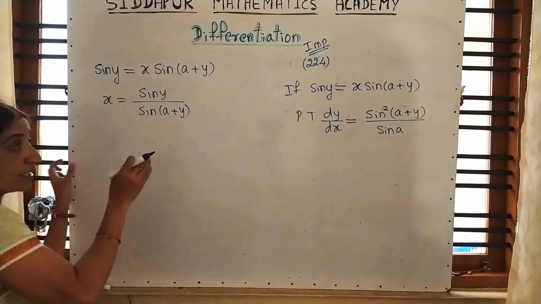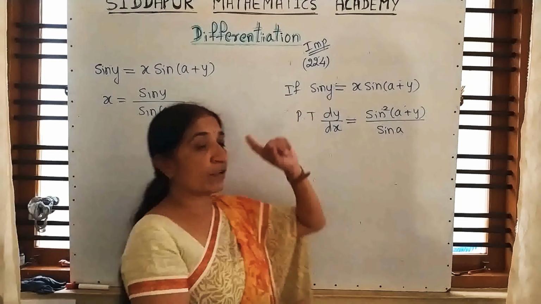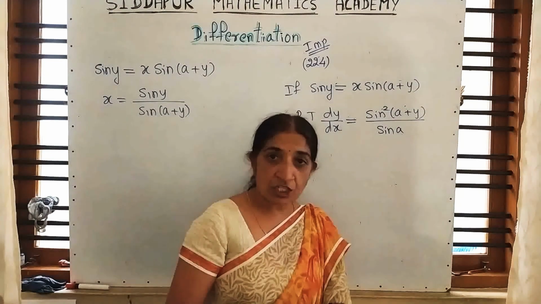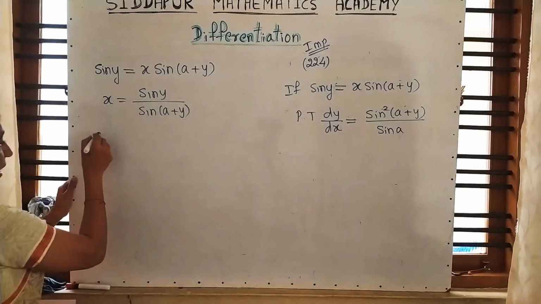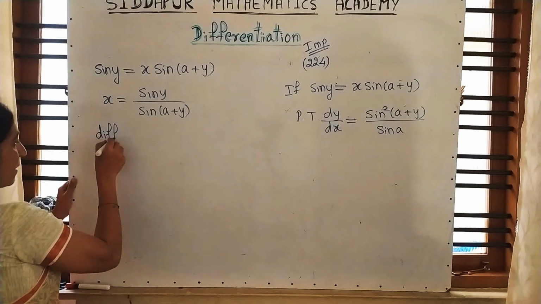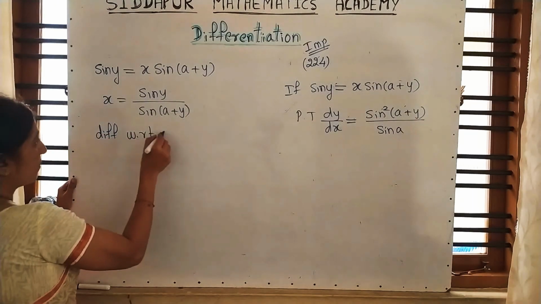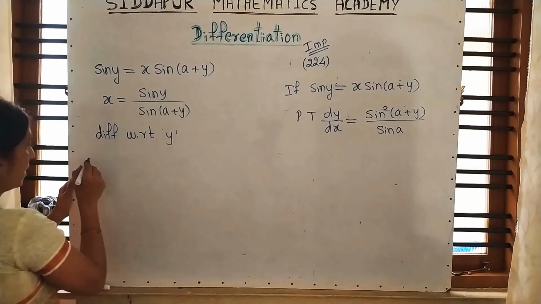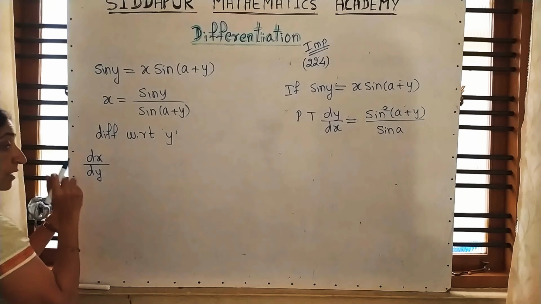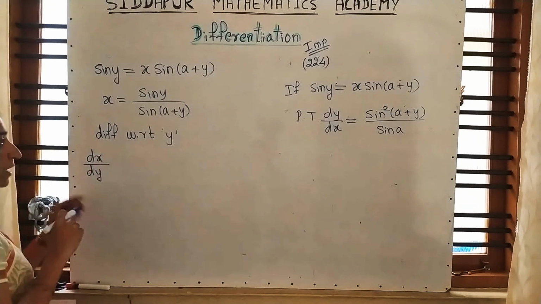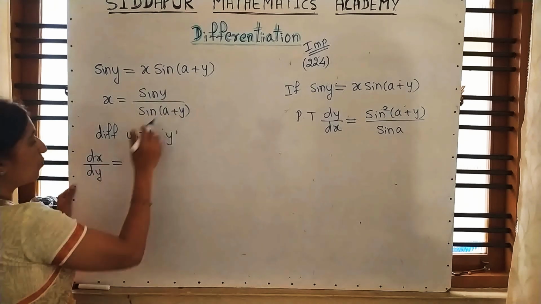And in all the questions till now, whatever we solved, everywhere I wrote differentiating with respect to x. Please note this. Here I am writing differentiating with respect to y. Then how do you write? dx upon dy, with respect to the term that comes in the denominator. Here it is the u by v method.